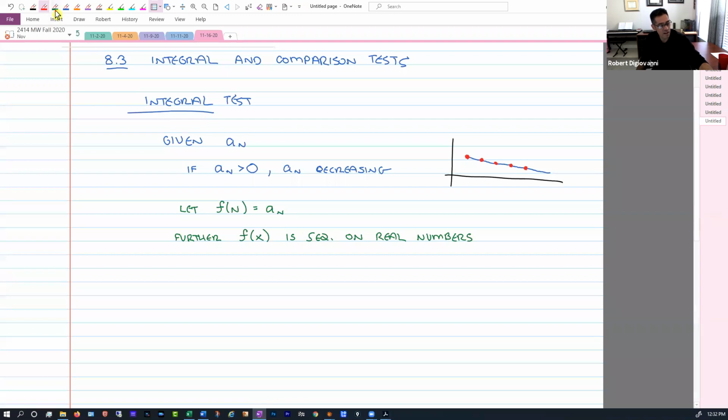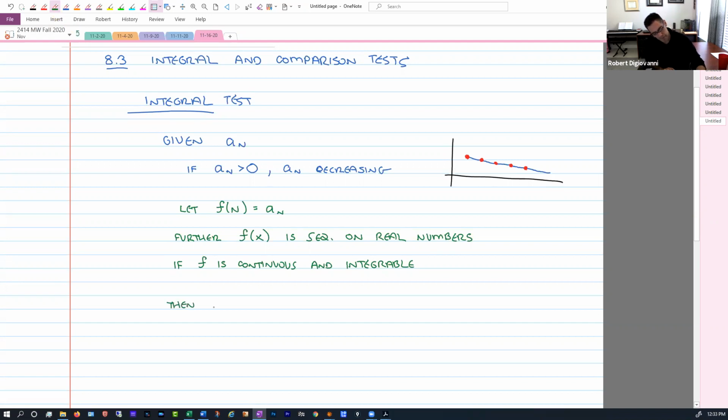And we say if that function f is continuous, means that it doesn't have any breaks in it, and integrable, integrable just means that we can integrate it.